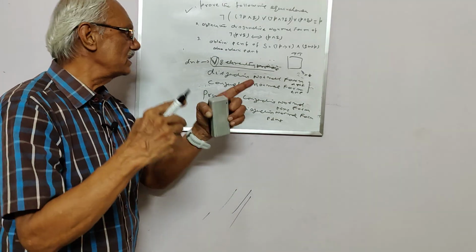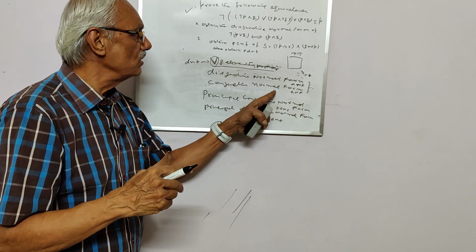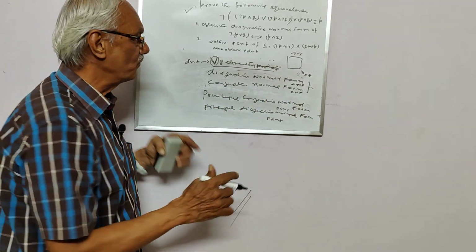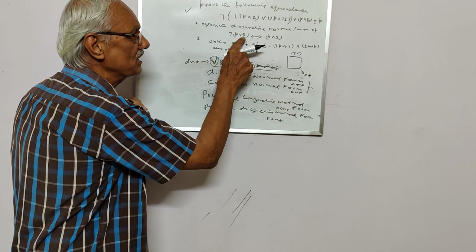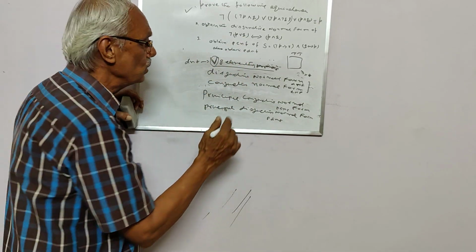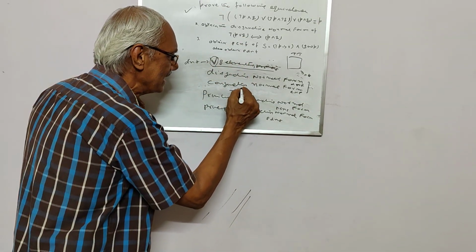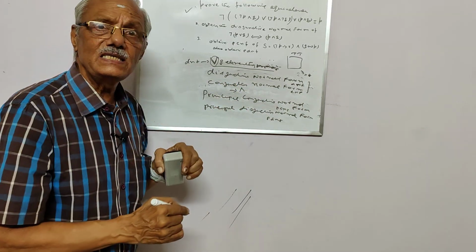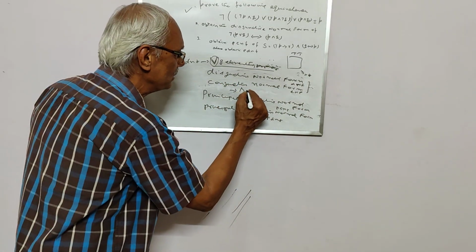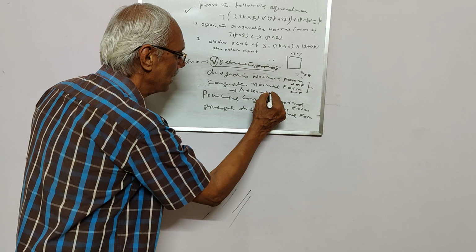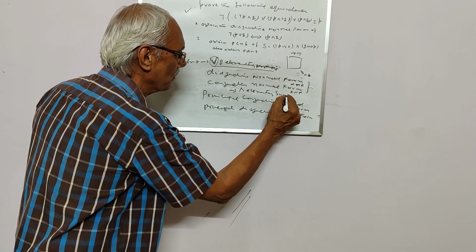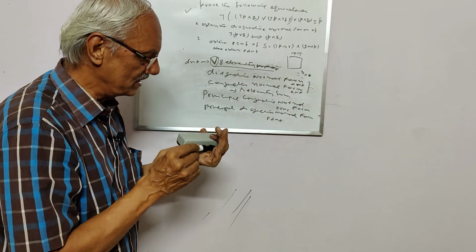Now, how will you express the conjunctive normal form? Conjunctive normal form means given an expression like this, a compound proposition, you express it as the intersection of, or conjunction of, elementary sums. So what is the difference that you find?